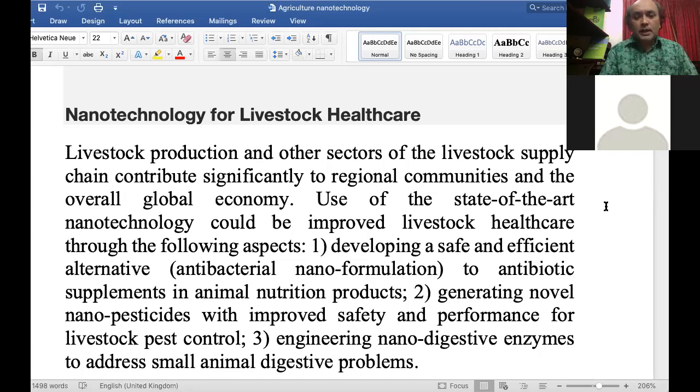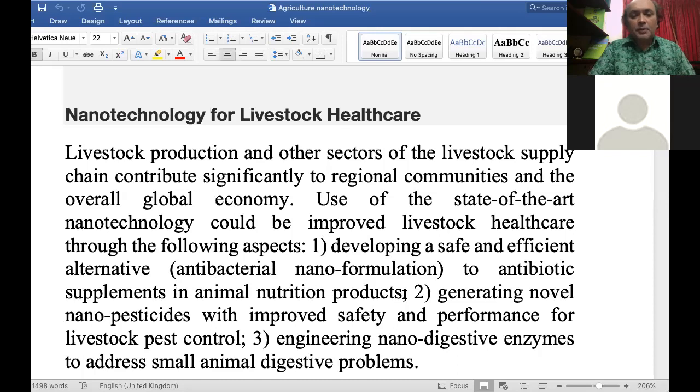Use of state-of-the-art nanotechnology could improve livestock healthcare through the following aspects. Number one, developing a safe and efficient alternative antibacterial nano formulation to antibiotic supplements in animal nutrition products.